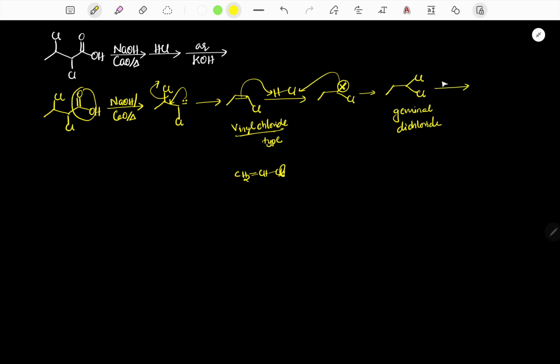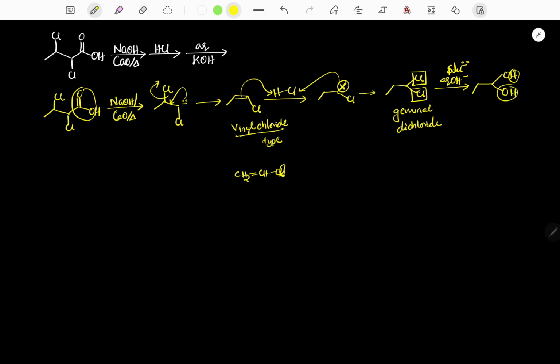Now it is treated with aqueous OH minus, which acts as a nucleophile. Here we have a leaving group, and aqueous OH minus acts as a nucleophile. Therefore, in place of Cl, nucleophile OH.